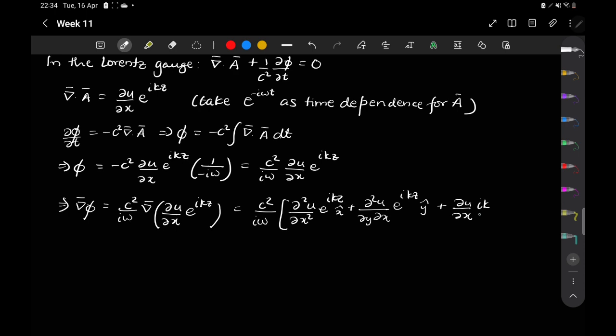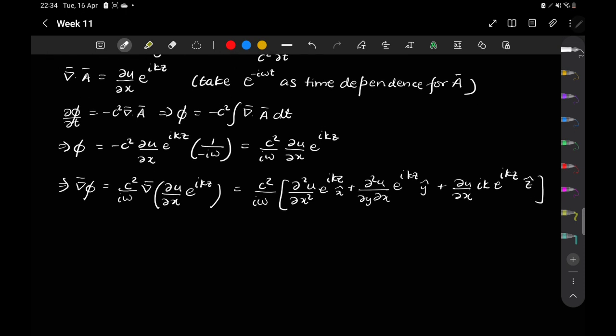Derivative with respect to z gives ik e to the power ikz. Now we will again neglect these second order derivatives.